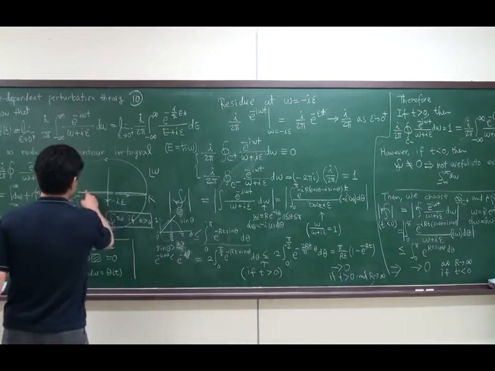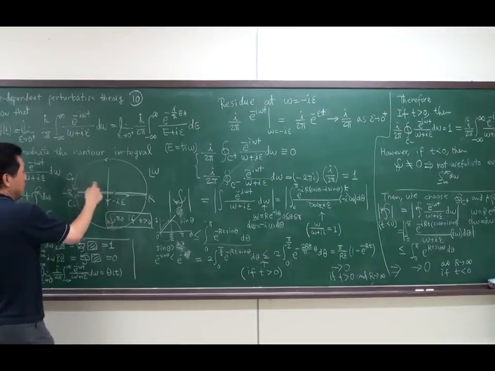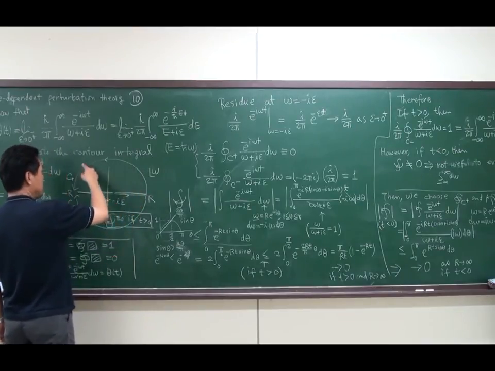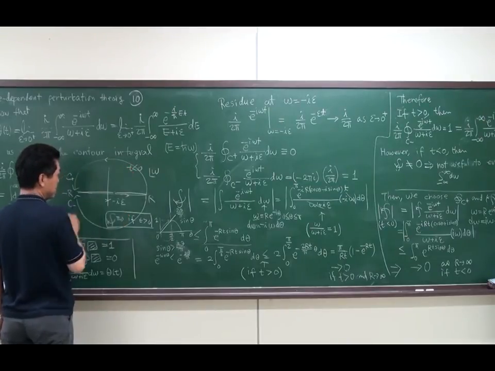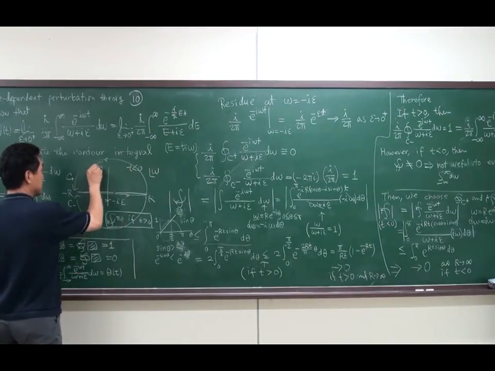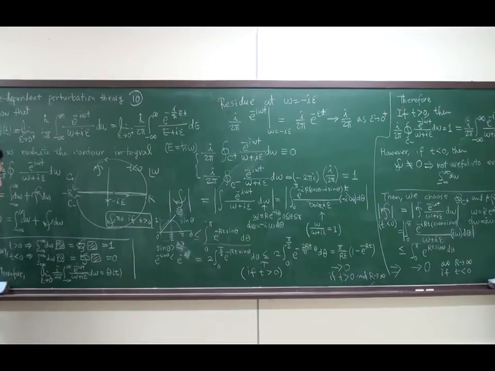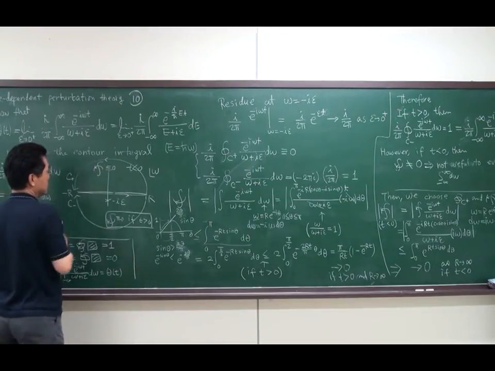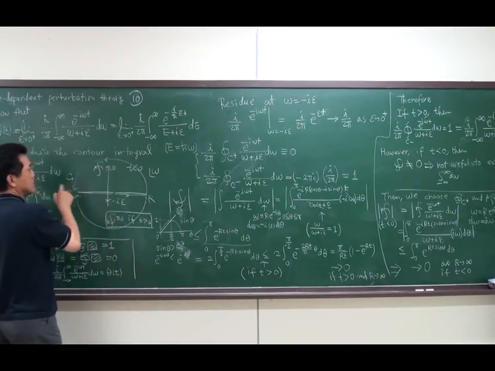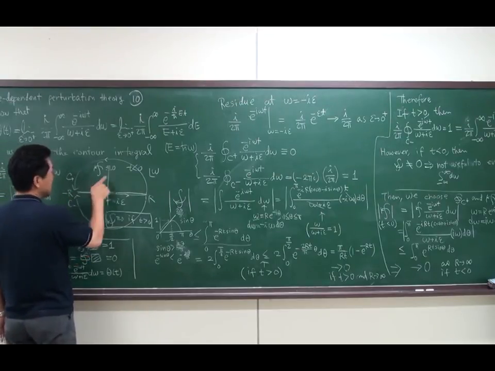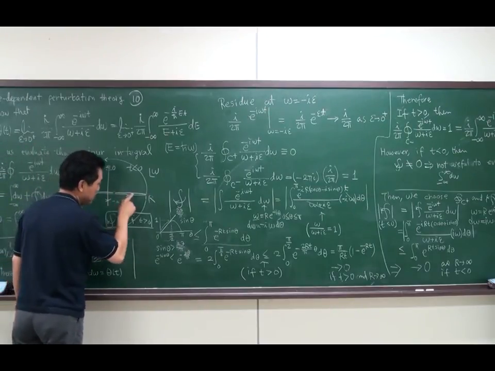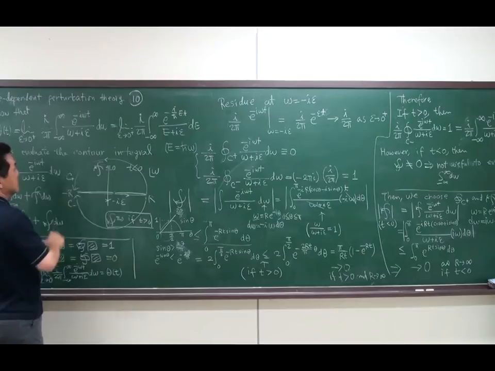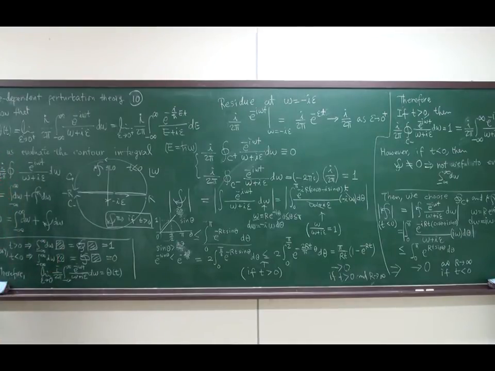Therefore, the integral along C plus is 0 when t is negative. If t is negative, the integral on the upper semicircle is exactly 0 and the whole integral is 0. Therefore, the integral from minus infinity to infinity along the real axis vanishes.